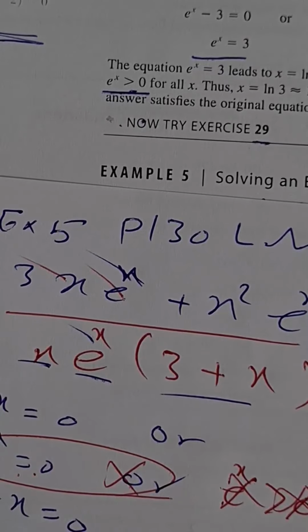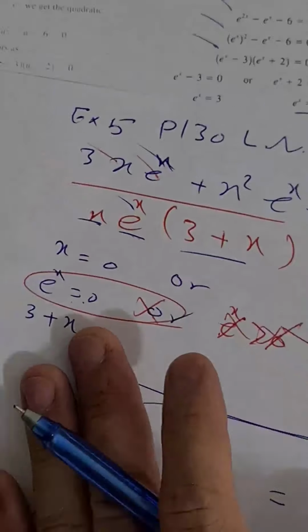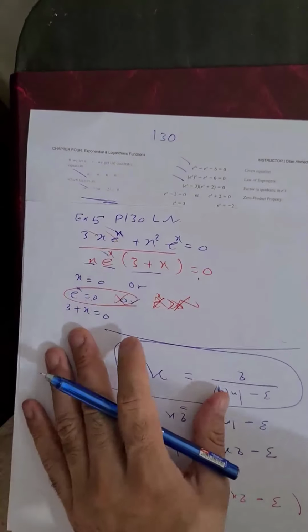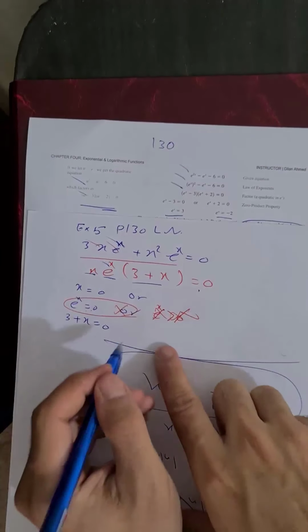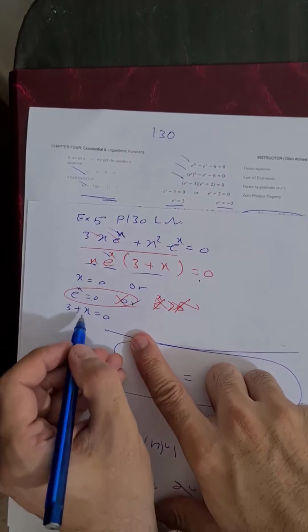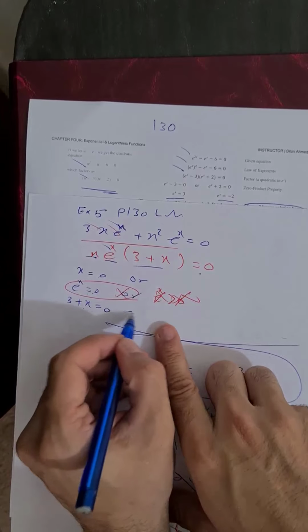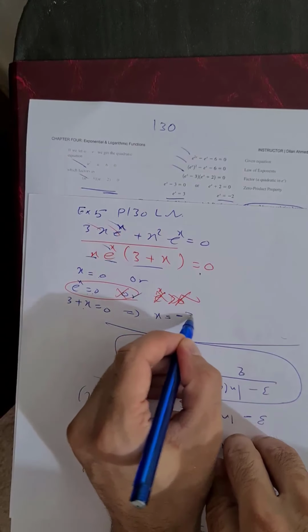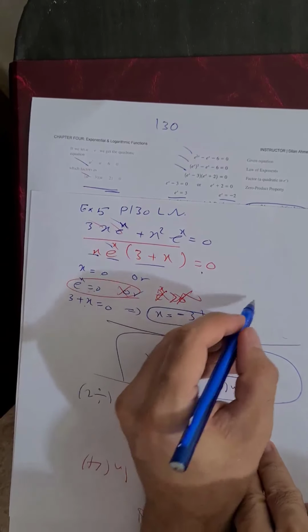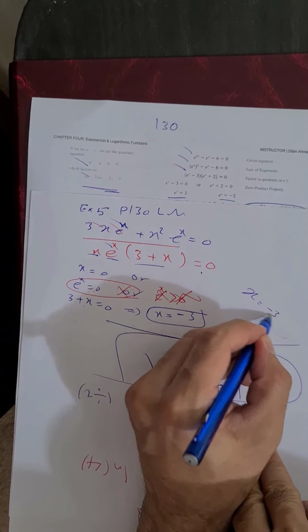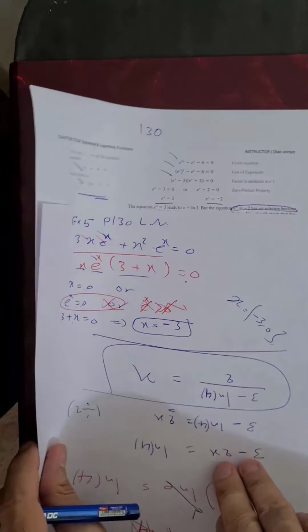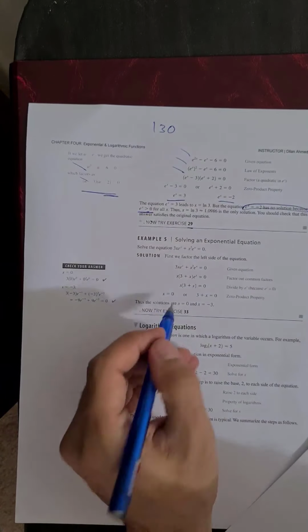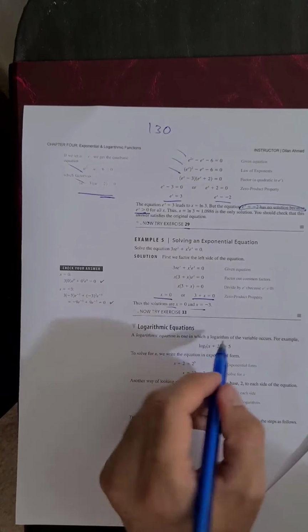We say it has no solution. Sorry for the recording example like that. And x is equal to 0 or x plus 3 equals 0, so I will get x is equal to minus 3. So my solution is x is equal to minus 3 and 0. That's all, and you can see the example and the solution.